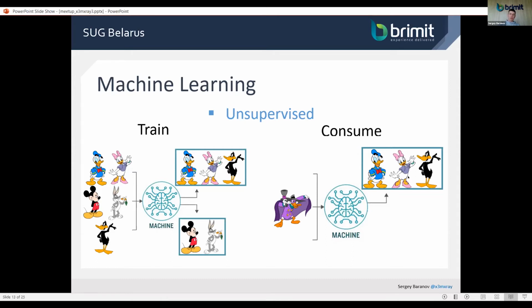And when you consume your trained model, it can identify what type of group your new data is. For example, in my picture, machine learning will recognize that a document DAG is a type of DAX.